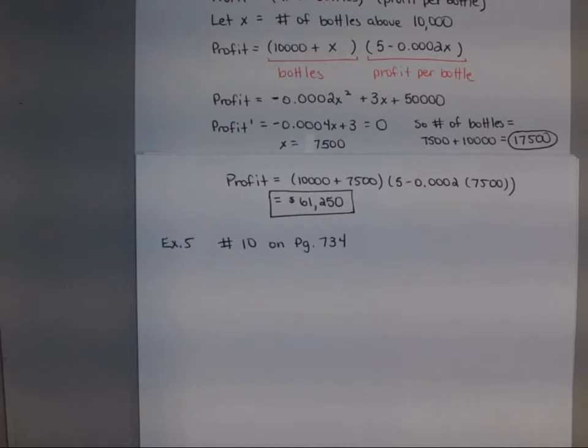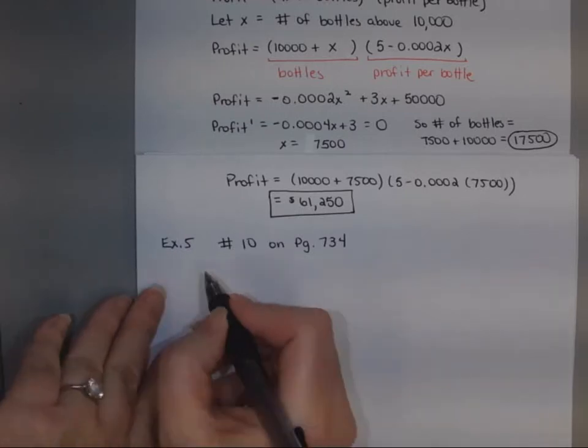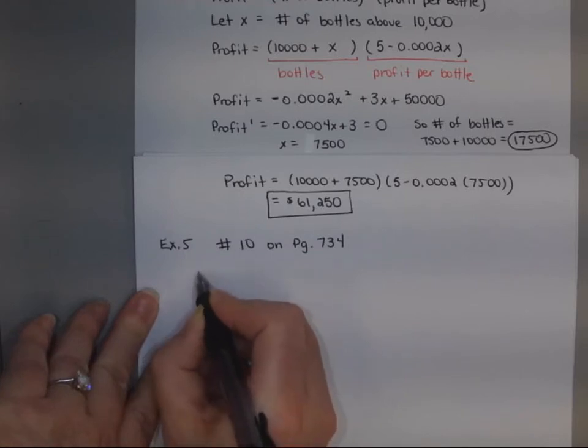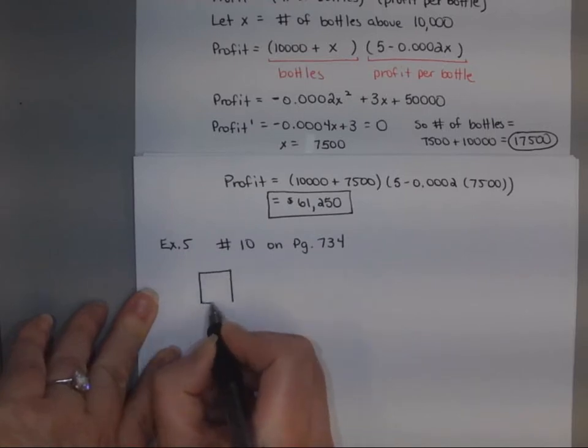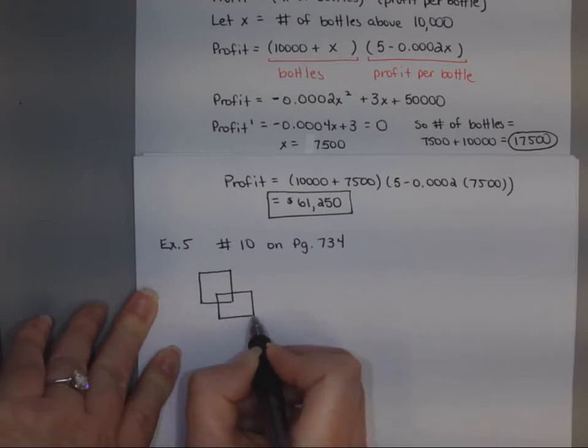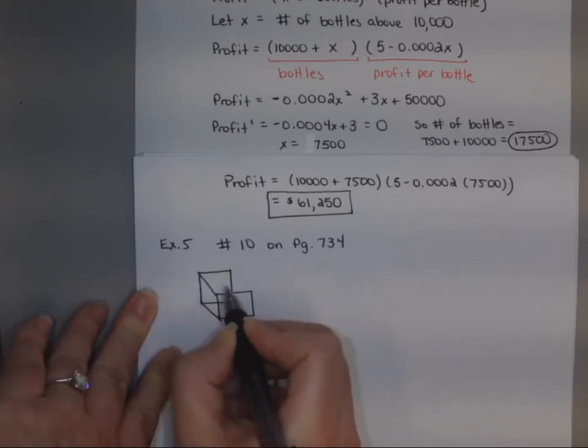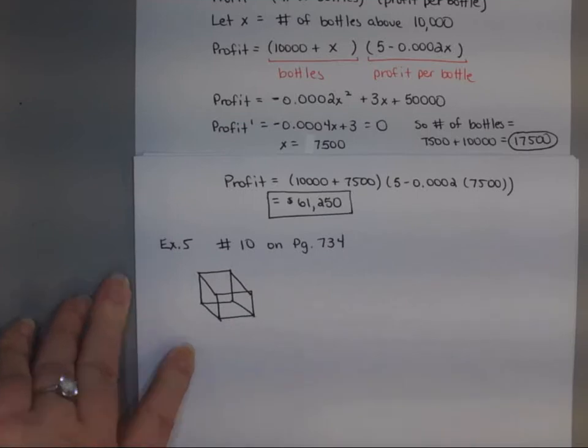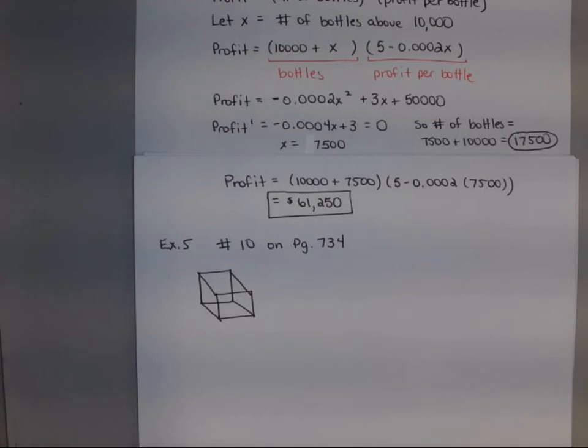And so if you look at the problem, it does already give you a picture of a cube, not a cube. It's actually a rectangular prism because it's not all the same measurement. So if you can draw. Problem 10. It's problem 10, but it uses the picture from number 9.